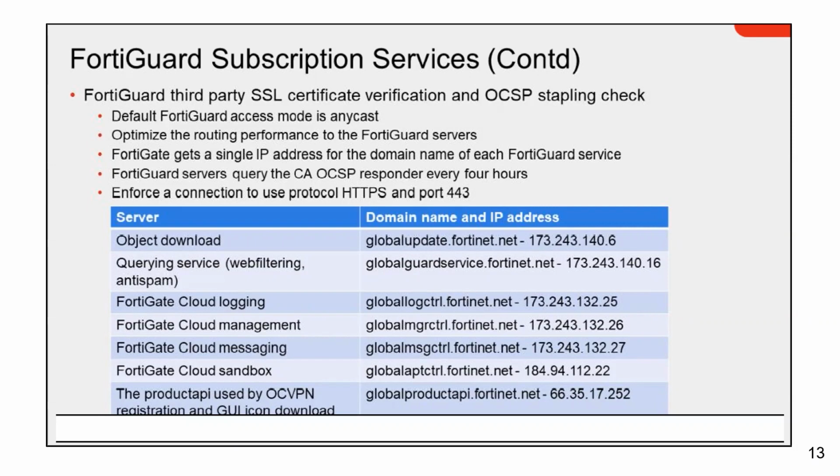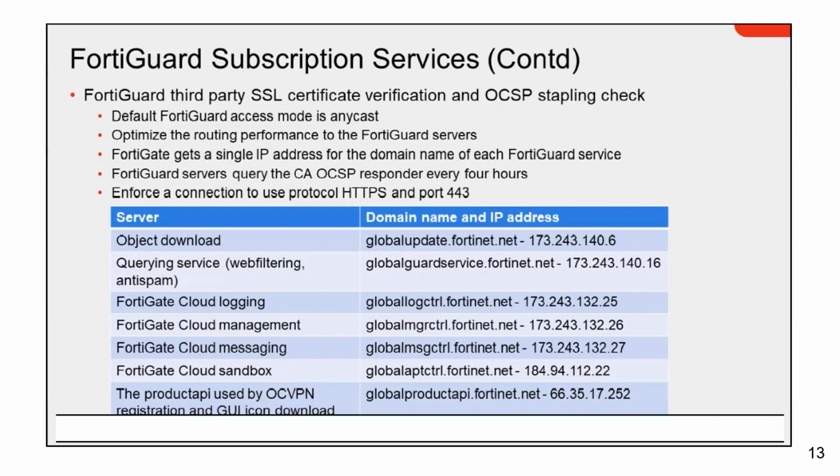The default FortiGuard access mode is anycast. It optimizes the routing performance to the FortiGuard servers, and FortiGate gets a single IP address for the domain name of each FortiGuard service. Basically, you have a URL for each of the features and functionalities you have configured, and whenever you need to query the FortiGuard server, it goes to a specific URL.